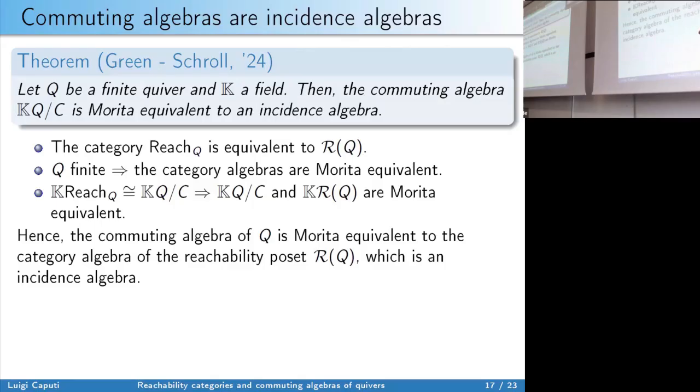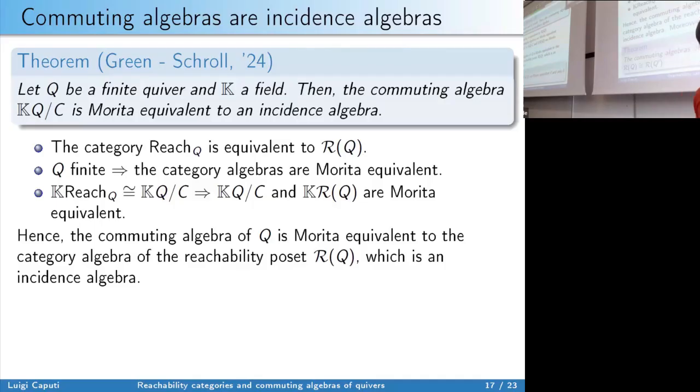And by using the result from before, we can show that these are Morita equivalent. From one side, we have the category algebra of the reachability category. This was the commuting algebra. On the other side, we have the category algebra of the reachability poset, which is a poset. So the category algebra associated to it is an incidence algebra. And this gives back the theorem by Green and Schroll.